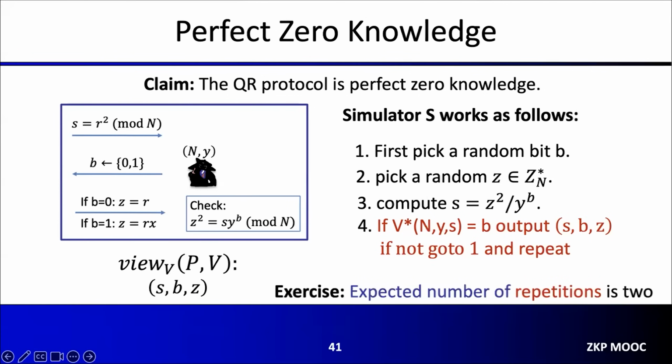I suggest that you think about this more deeply and prove to yourself that the expected number of repetitions is 2 before I can output a triplet S, B, Z. And this is why we require the simulator to be expected polynomial time. So within expected 2 trials, I will be able to output something that is exactly the same distribution as would have happened in the real interaction.